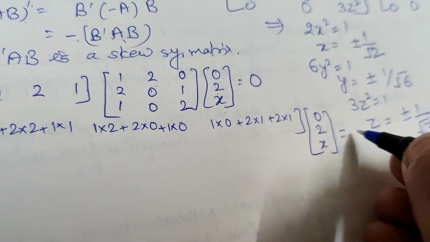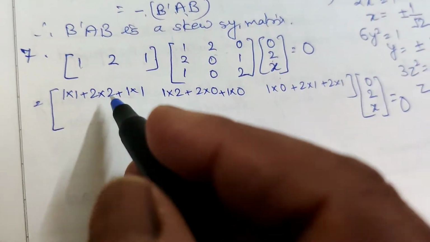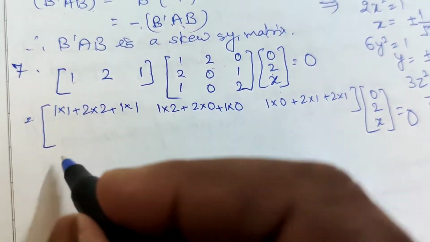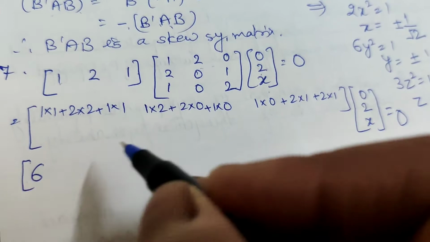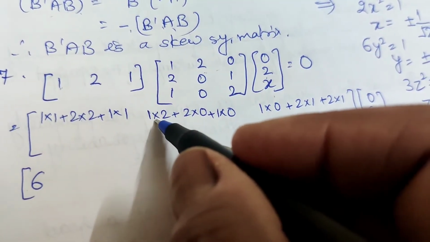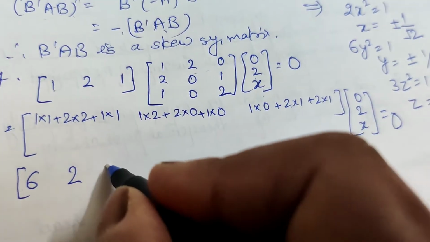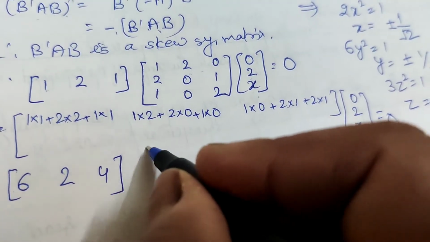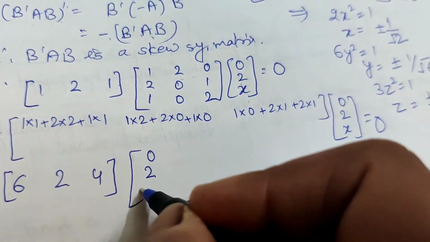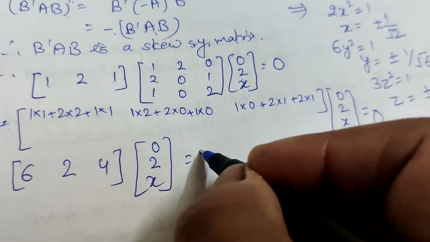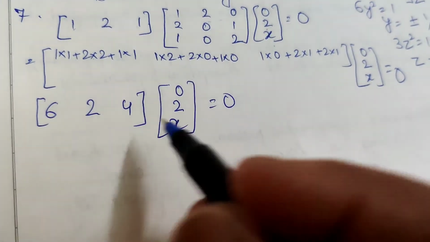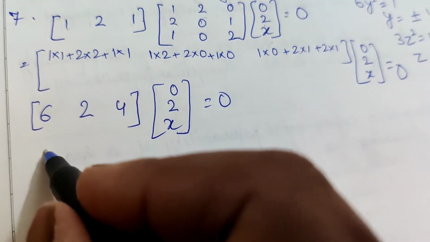equal to 0. Now this is 4, 5, 6. 6, 2 and 2 plus 2, 4. 6 2 4, multiplied to 0 2 x equal to 0. Now multiply first row, first column.